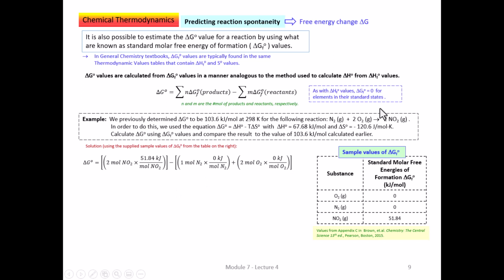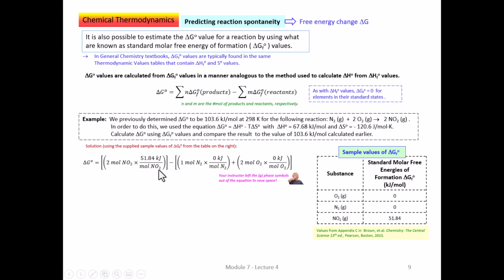Remember, the products here are NO2, and there's 2 moles of NO2. And then we subtract the sum of the delta G of formations of the reactants, which are both elements, so they're equal to 0.